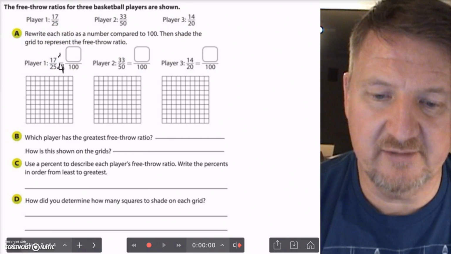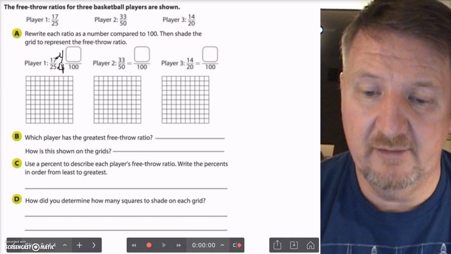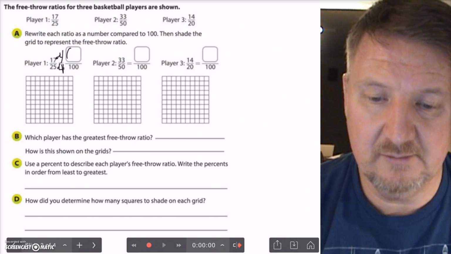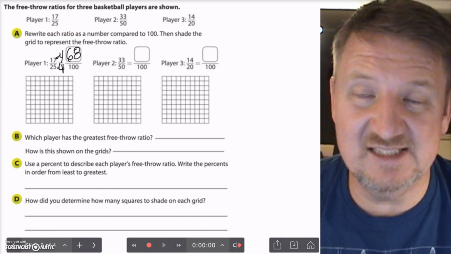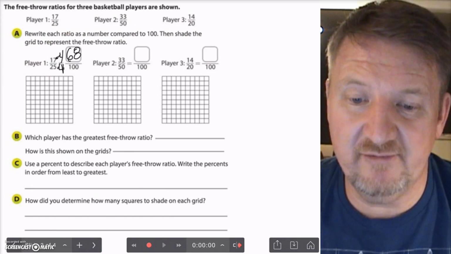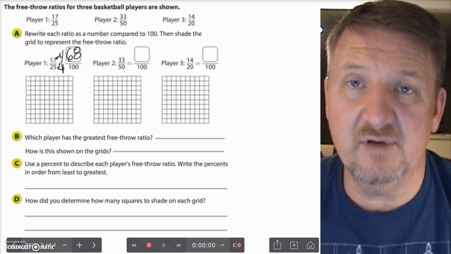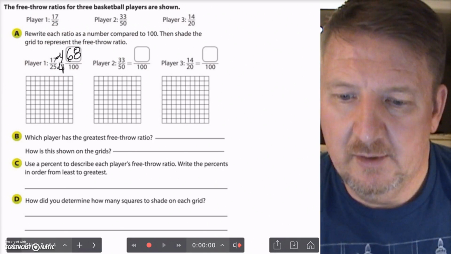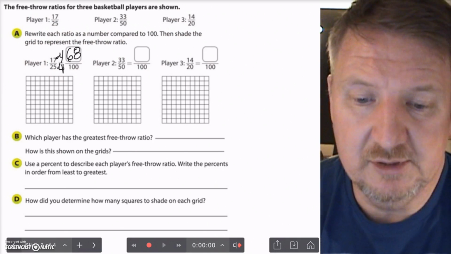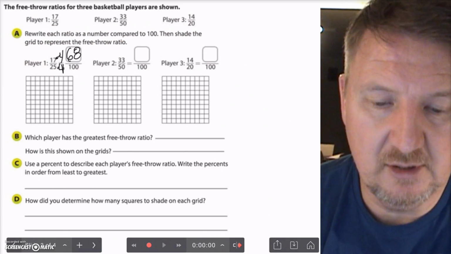So if I multiply 17 times 4, then we get 68. So 68 out of 100 is the exact same thing as 17 out of 25, but now we have it out of 100, so we can represent it as a percent, which we're going to do later on in this problem. The next thing we want to do is color in 68% on the grid.